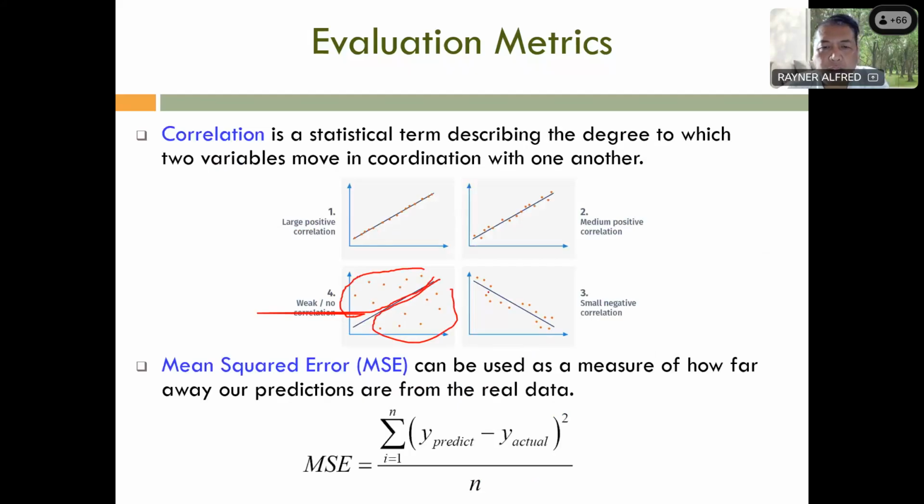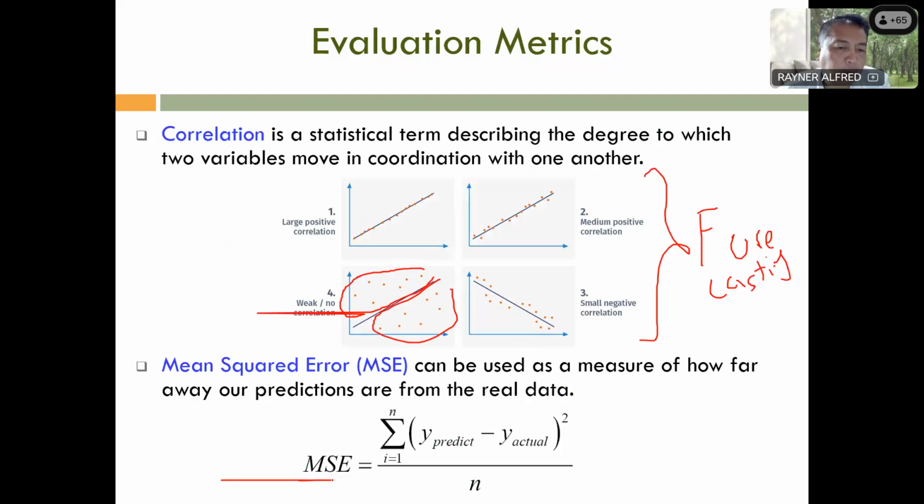Correlation is a statistical term describing the degree to which two variables move in connection with one another. So we want to know the correlation or the status of linearity of your data. Normally we use this to check whether your data can be used for forecasting or regression.